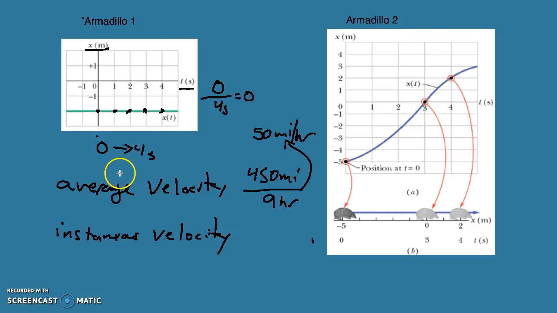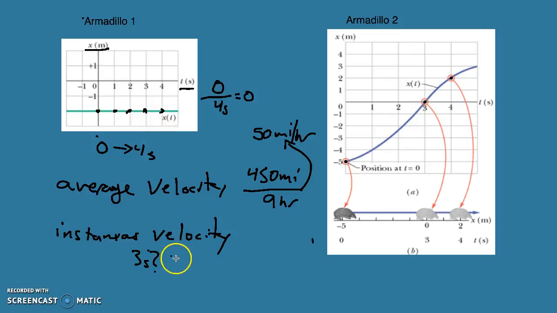And the next question I have for you, of armadillo number 1, what was the instantaneous velocity at 3 seconds? Well, the way that we would find this is look at the slope of it, how the position is changing.